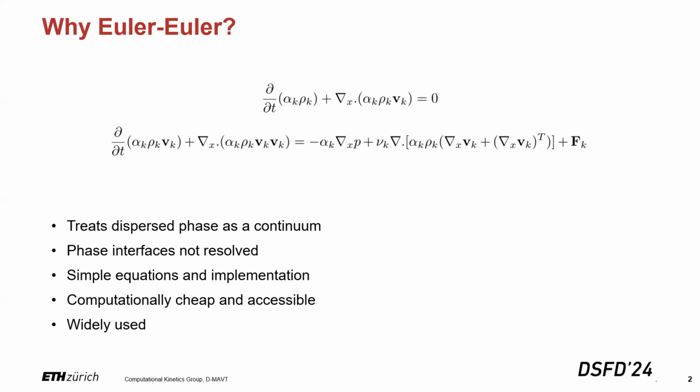Therefore, what is normally used is an Euler approach, where you don't resolve the interfaces and instead you use a volume averaged equation, and you take the effects of the interfaces into account using various mathematical models. That kind of model tends to be very simple to implement in Navier-Stokes solvers and also computationally cheap, which makes it very attractive from an industrial standpoint.